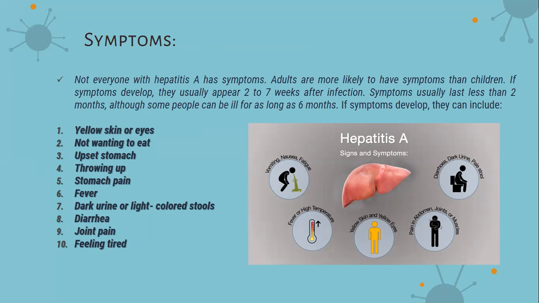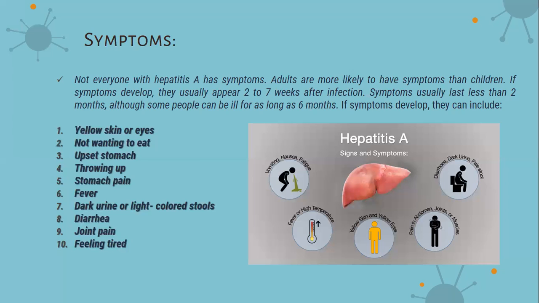Usually, if the symptoms develop, it appears in 2 to 7 weeks if you are infected by the virus, but it lasts only less than 2 months. However, there are some people na yung range ng kanilang sakit is mas aabot ng 6 months.